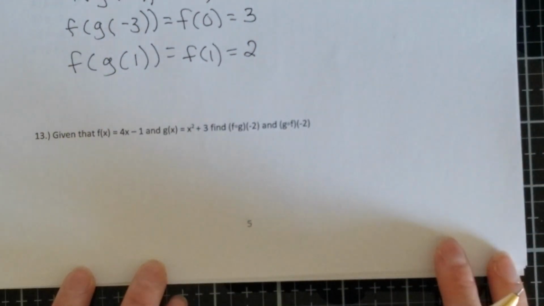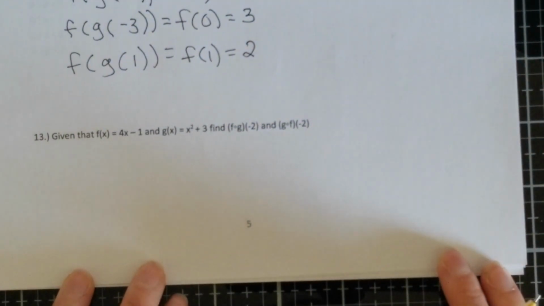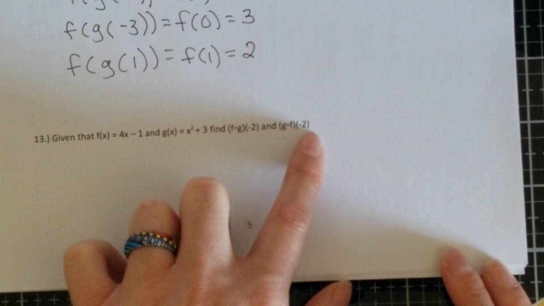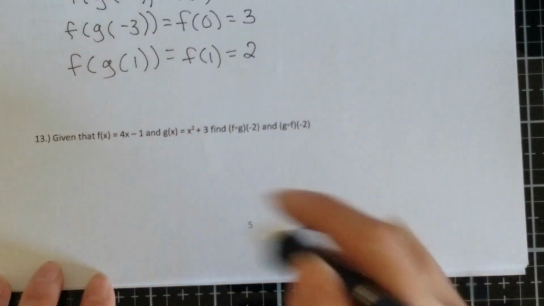All right, number 13. Given that f of x equals 4x minus 1 and g of x equals x squared plus 3, find f of g of -2 and, wait, I read that wrong, g of f of -2. So they want you to find each one, basically.